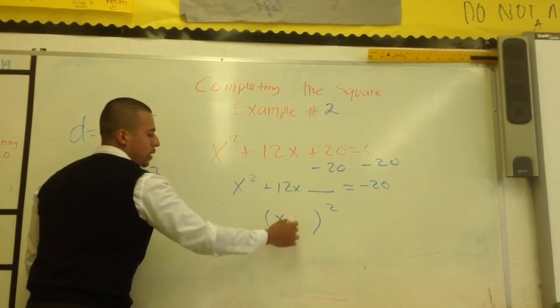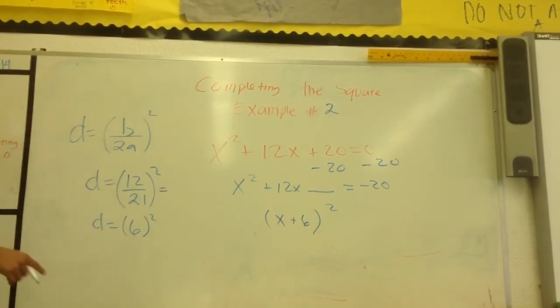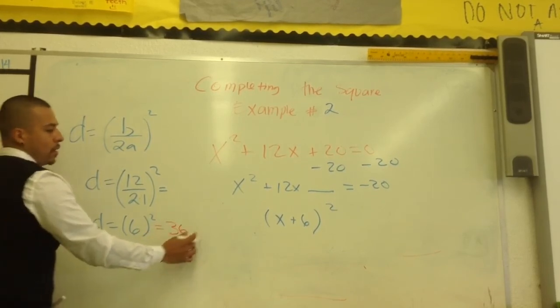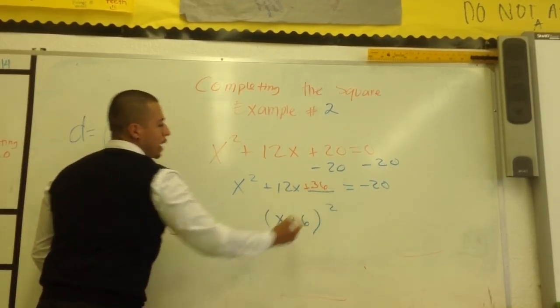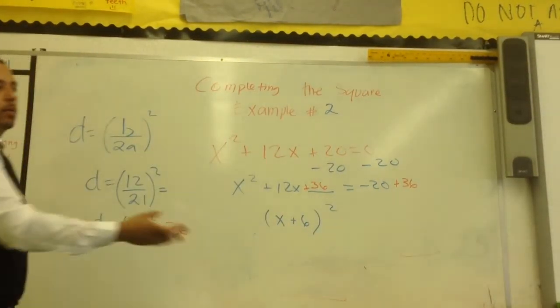So this should be 6. You can always skip straight to that step. Now this is going to be 36, and that number goes here, and it also goes here, because whatever you do to one side, you must do to the other.